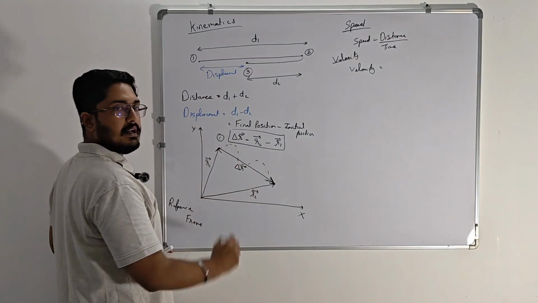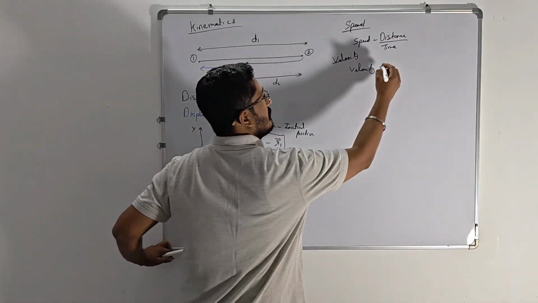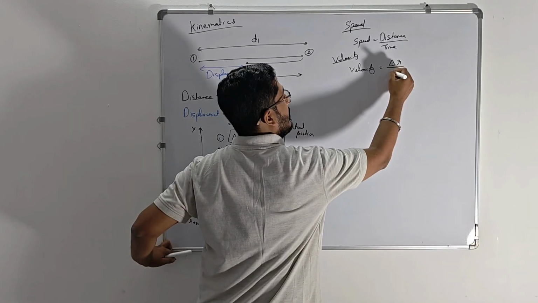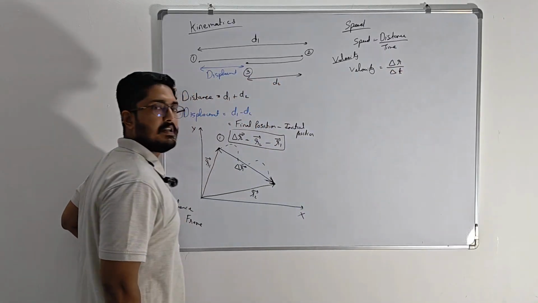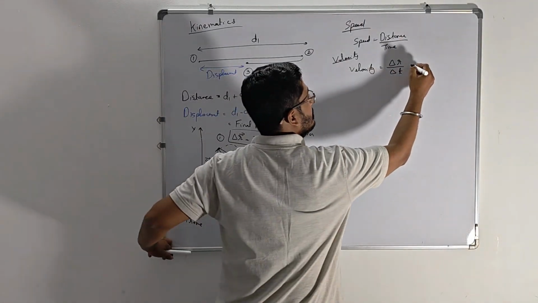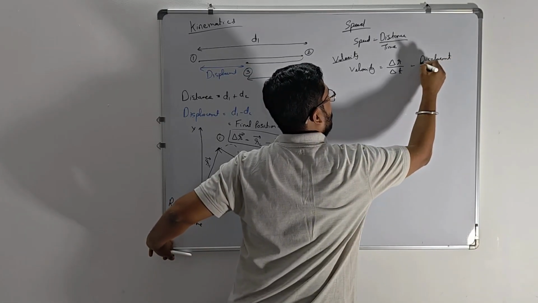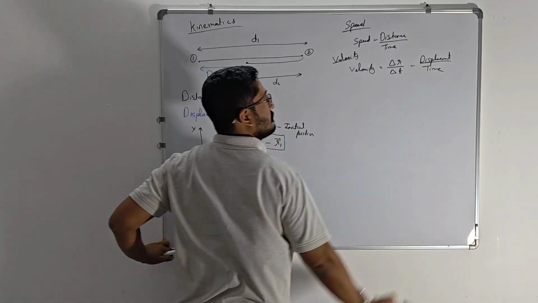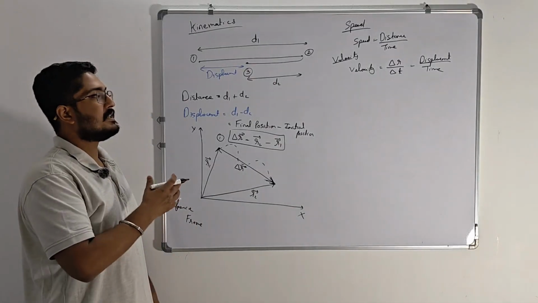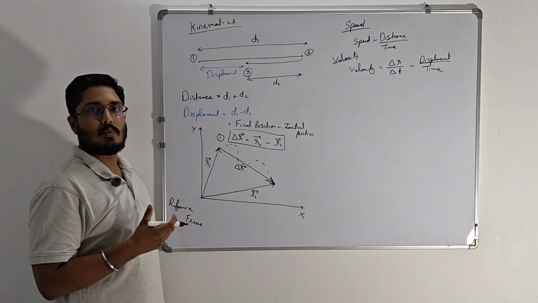Now displacement can be written as delta R, change in position, right? Delta R divided by delta T, that's the time taken. So I can basically say it is nothing but displacement by time taken.